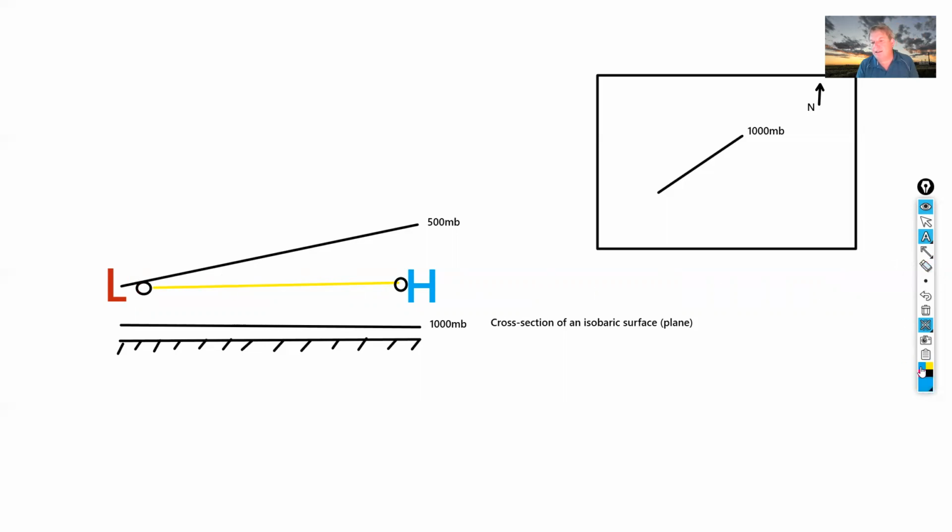So what is this blue arrow that I'm drawing supposed to represent? What does that blue arrow represent? The answer is, that is the pressure gradient force. The pressure gradient force says the air wants to travel from high here to low pressure over there.